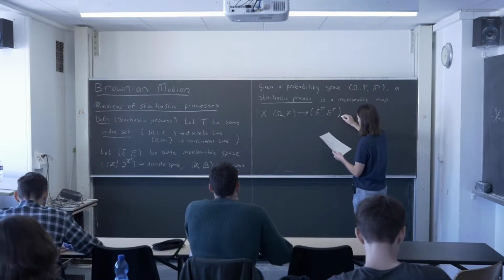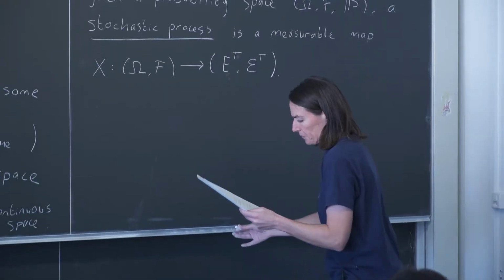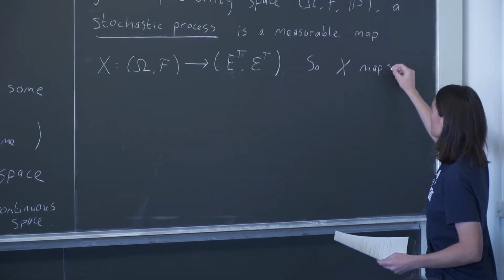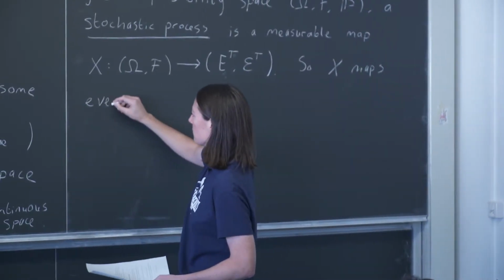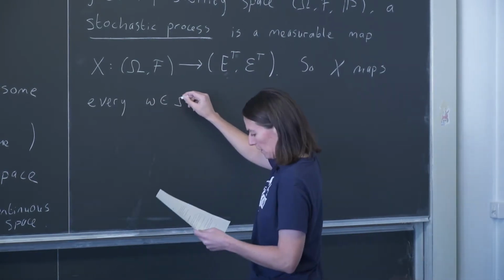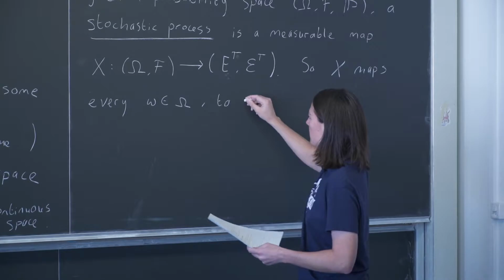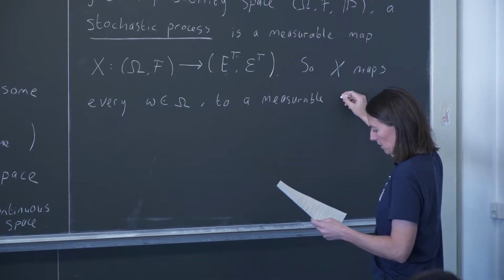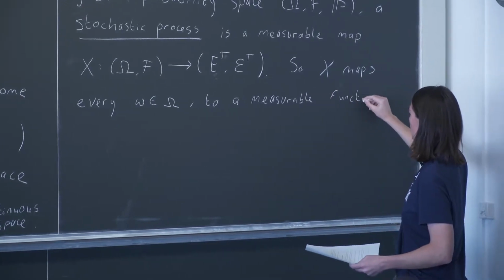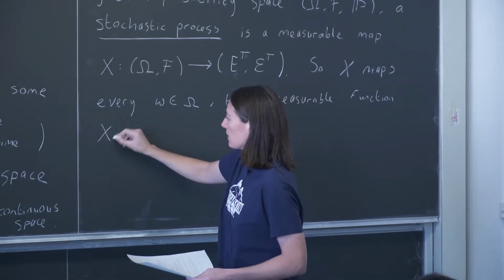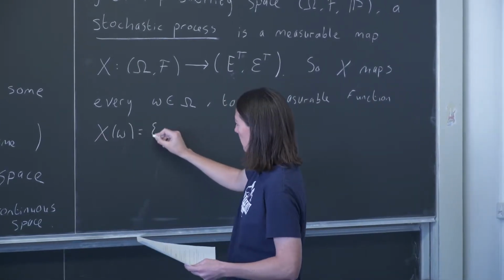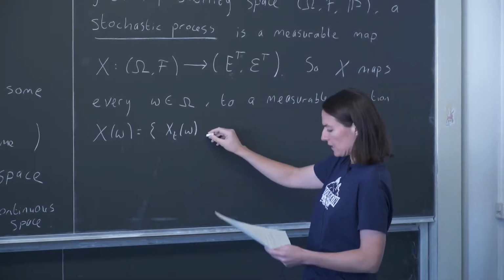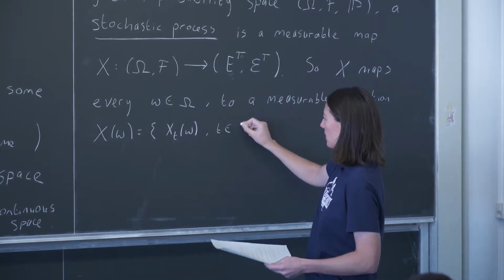Okay, well, what does that mean? That means that X maps every omega in Omega to a measurable function X of omega, which is equal to all the values that this function can take at t for all t in our index set.